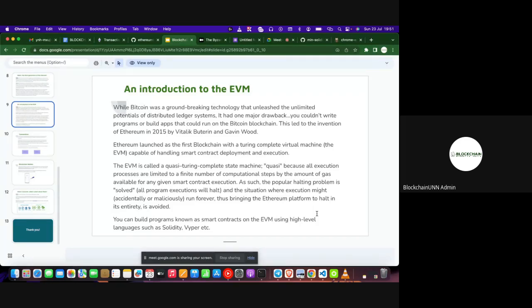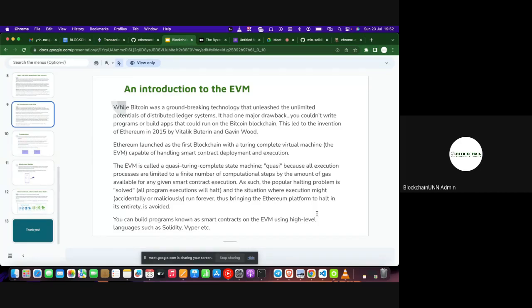Vitalik said we could stretch that potential even further. Imagine being able to carry out custom computations on a blockchain, to write custom logic, the thing we call smart contracts. Just like the applications we build on the normal web, where we write code to carry out different automations, we could also do that on a distributed ledger system such as the blockchain. That was what led to the creation of Ethereum in 2015.